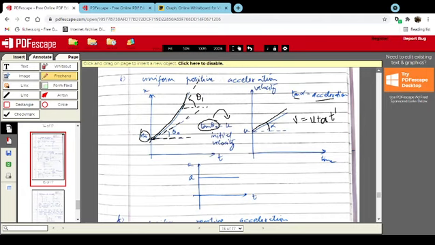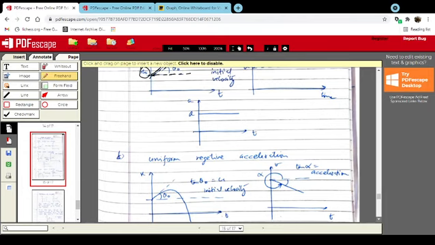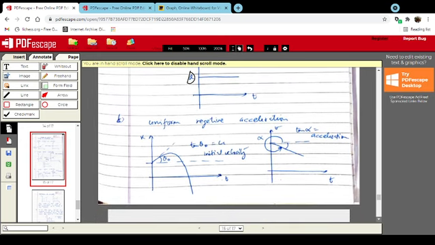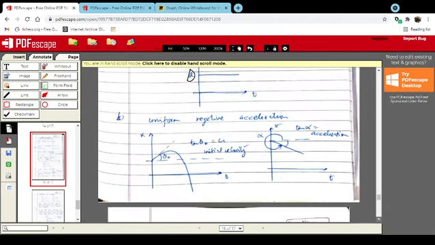If we move further, the acceleration of the particle is a constant, and it is represented by simply drawing a straight line above the horizontal axis. Next, we want to analyze the case of uniform negative acceleration. Here you can see that initially the particle starts with a positive initial velocity.